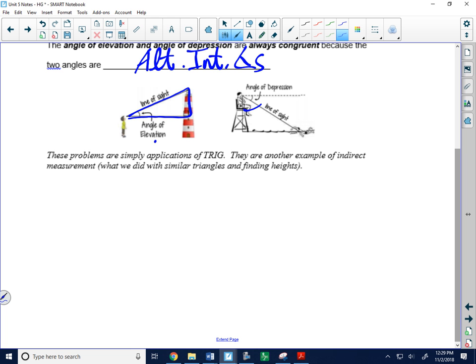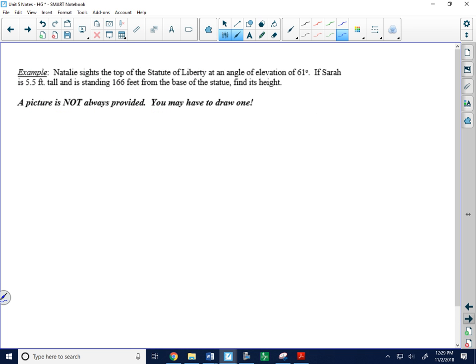But that would be a vertical line in the lifeguard's line of sight, so that is not the angle of depression. It's this one, formed by a horizontal line in the line of sight. Okay, so let's do a couple application questions. Any thoughts on those vocab words? You just got to know those, and then we can do the application questions.